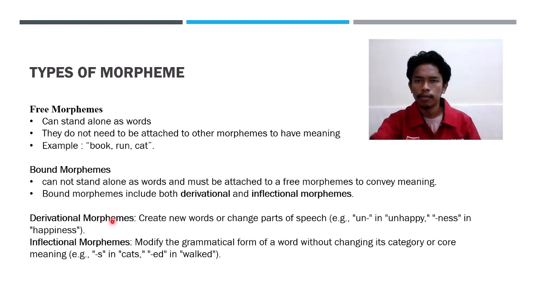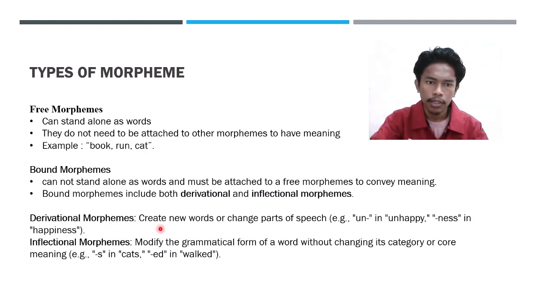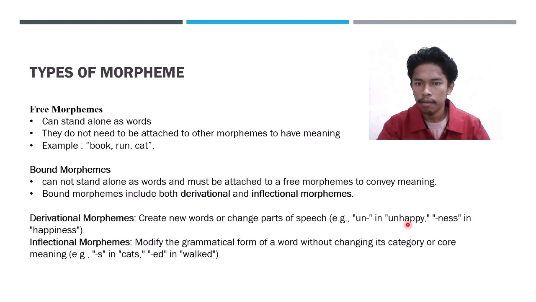And the derivational morphemes. Derivational morphemes create new words or change parts of speech. Derivational morphemes are like un- in unhappy, and -ness in happiness, right?